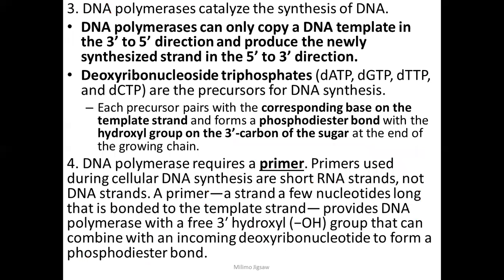And then we have the enzyme DNA polymerase. DNA polymerases are the enzymes involved in catalyzing the synthesis of DNA.